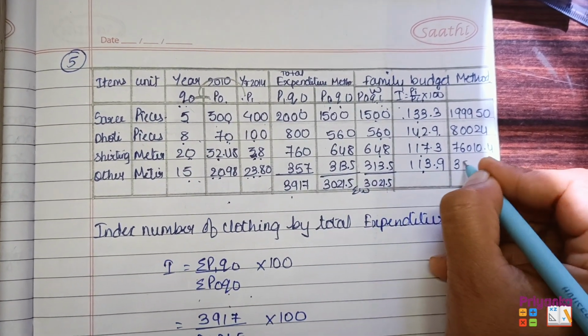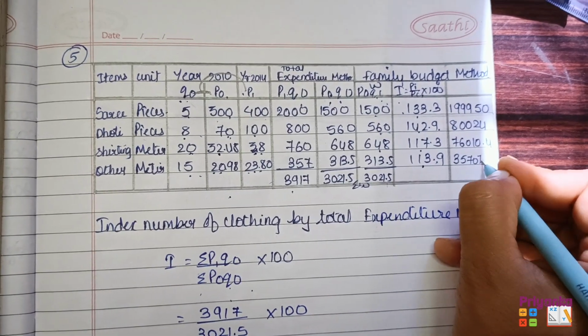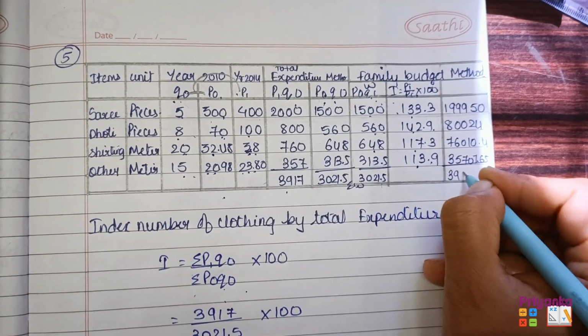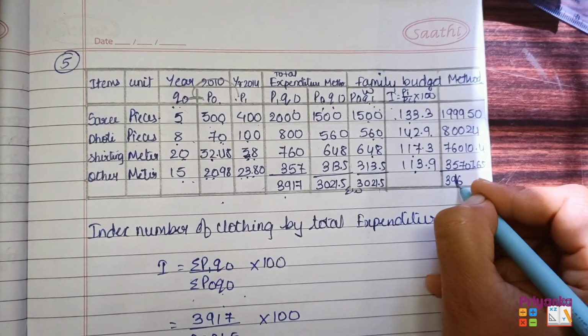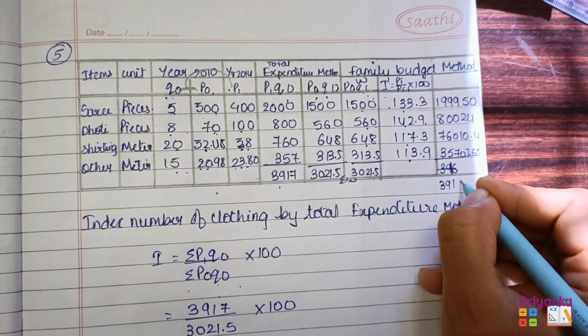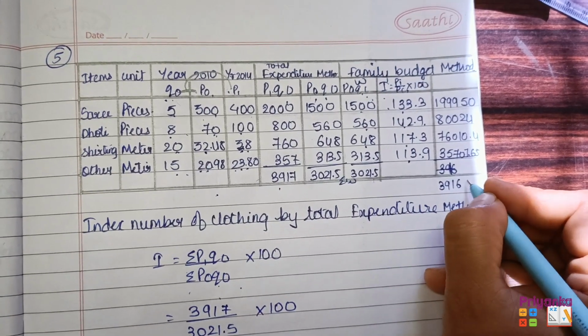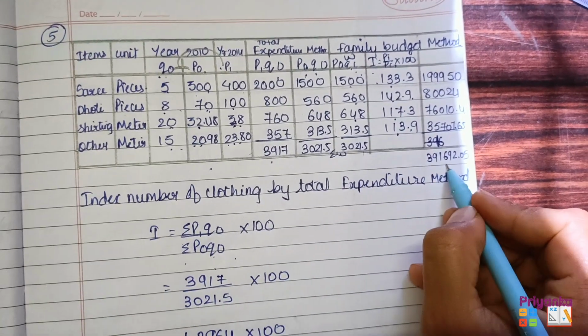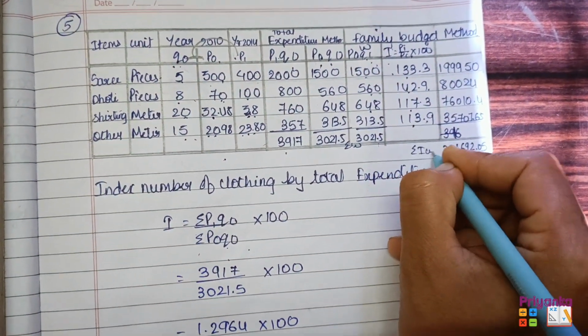Here we get 35707.65. And here we get the total 3916.05. So that's our sigma IW.